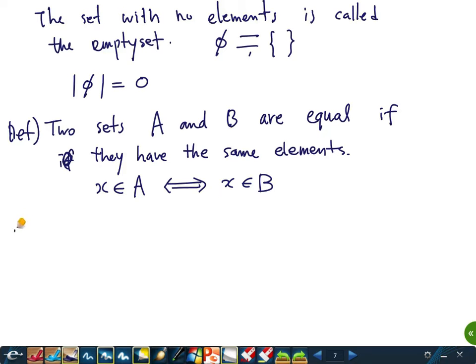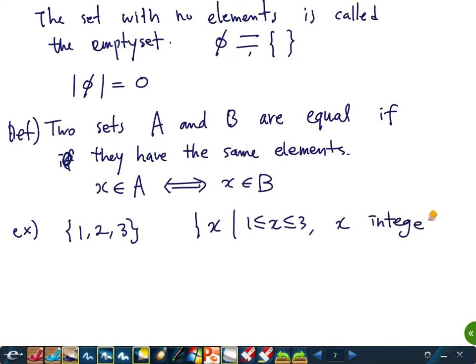All right. So let's see some example. 1, 2, 3. X is between 1 and 3. X is an integer. Are these 2 sets equal or not? They are equal. You can see they have the same elements, 1, 2, 3.